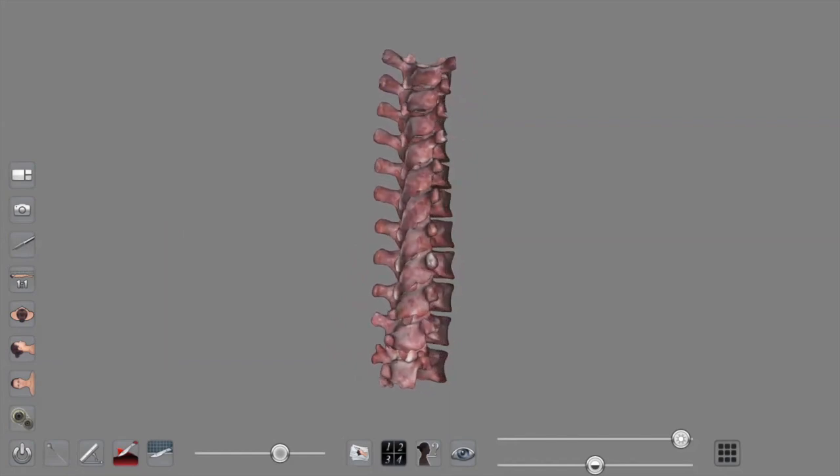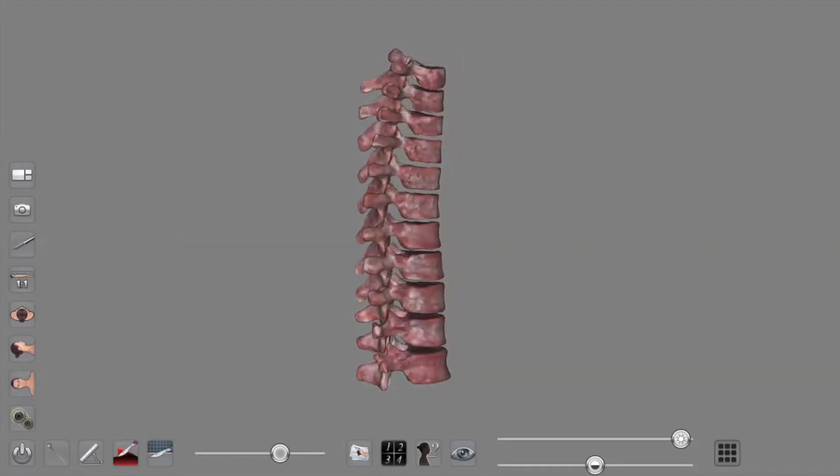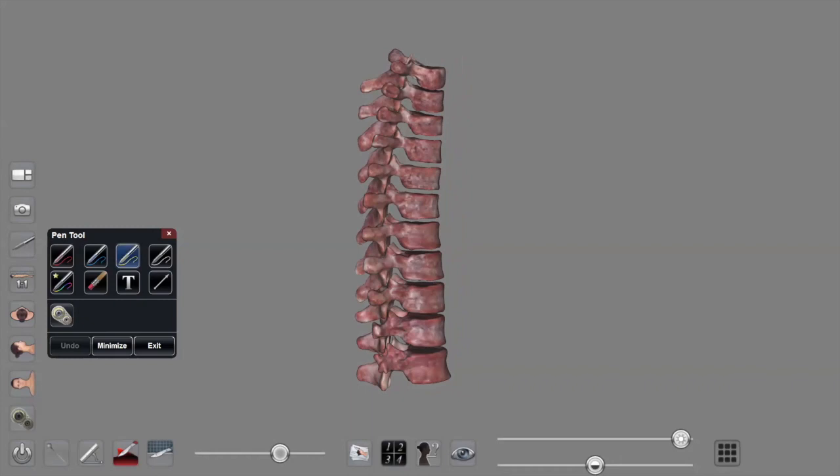And if we view it from a lateral view, on the transverse processes, we have articular facets for the ribs.